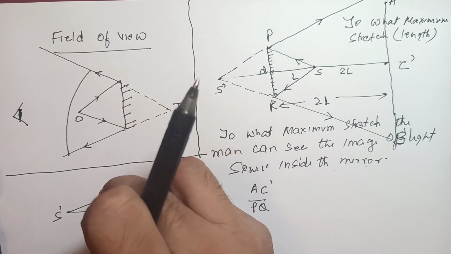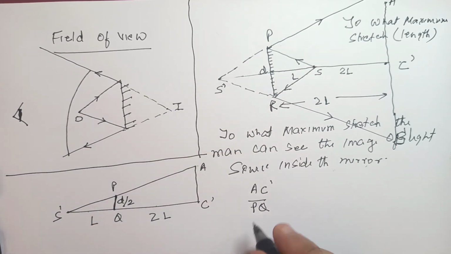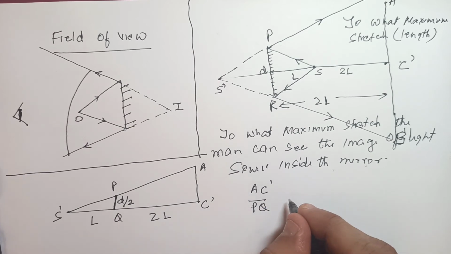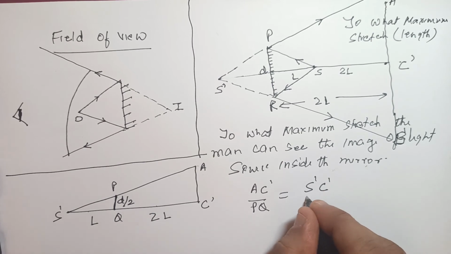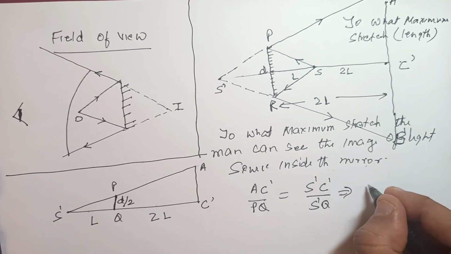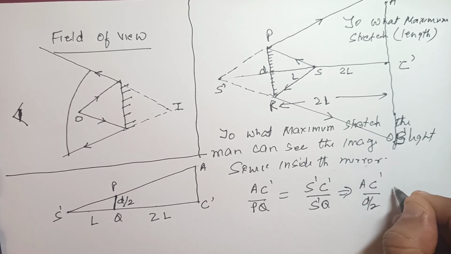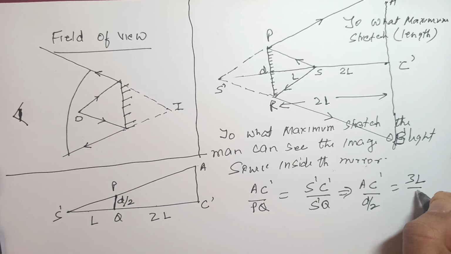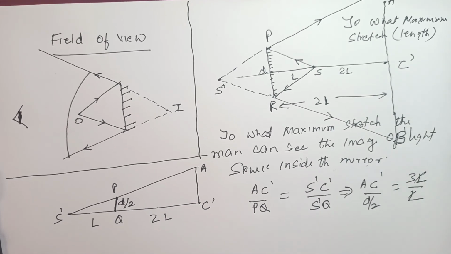So AC dash by PQ is equal to S dash C dash by S dash Q, or AC dash by d by 2 is equal to 3L by L. L and L get cancelled.